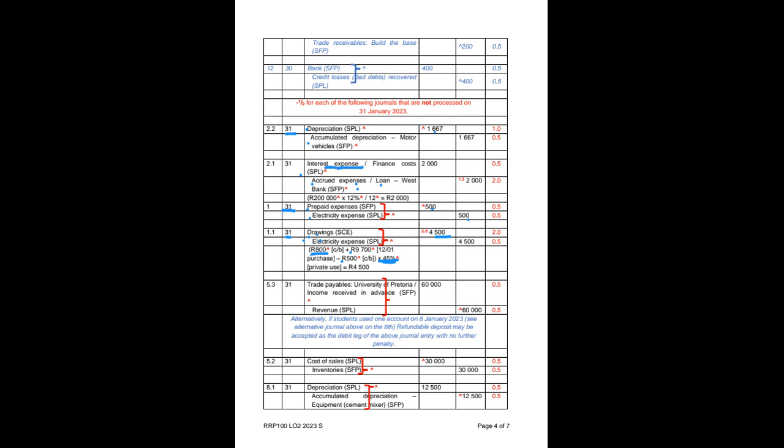So that's what this journal entry is. So debit, interest expense, credit, some sort of liability, either loan or accrued expenses. How did we calculate the amount?